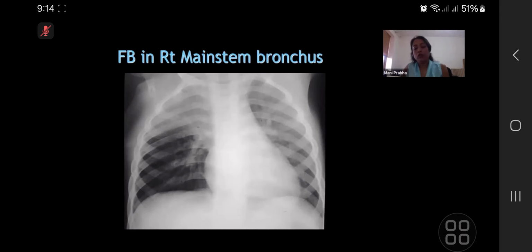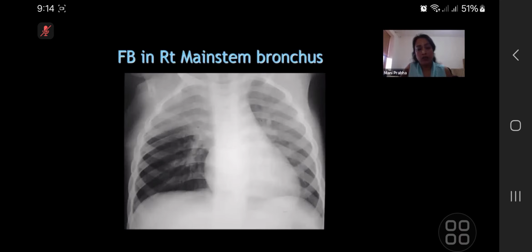When you see such a finding with that kind of history, you like to ask whether there is a chance of a foreign body. You may not get the foreign body history, but the suspicion should be very high, and you try to take expiratory views. If that is not possible because of the age of the child, we can do fluoroscopy also, and the movement will be less.